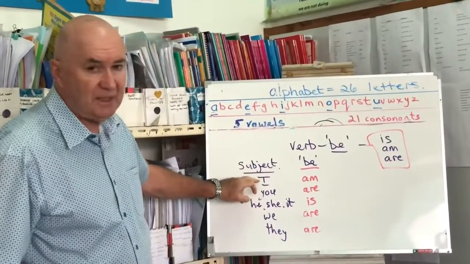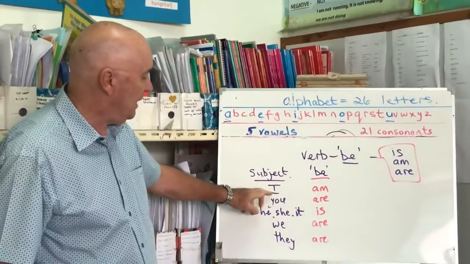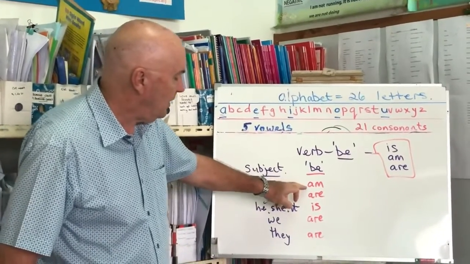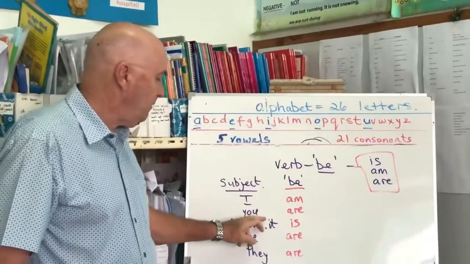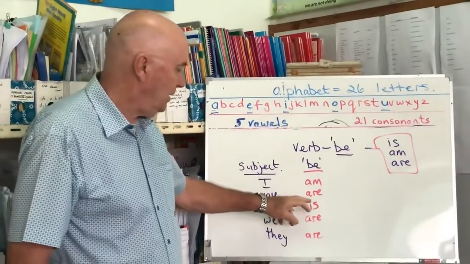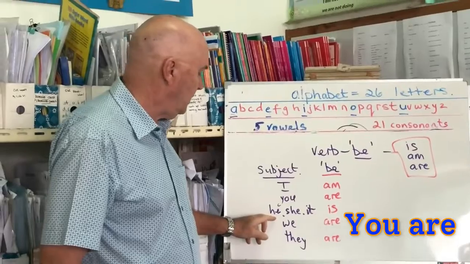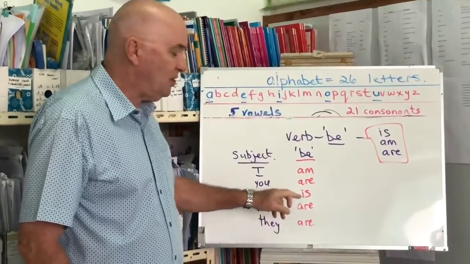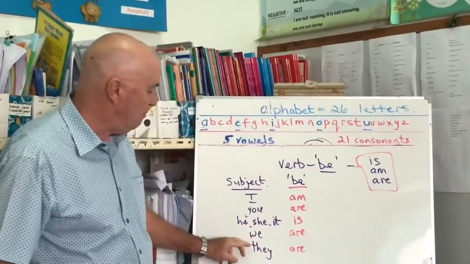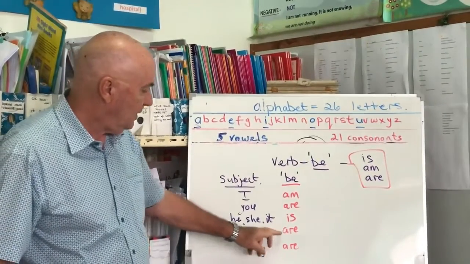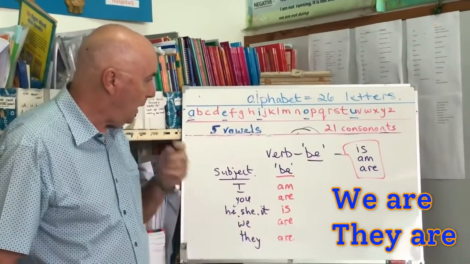If the subject, if what we're talking about is I, then we use the verb be, am, I am. If we're talking you, we use are. If the subject is he, she, or it, we use is. And if the subject is more than one person, then we use are.